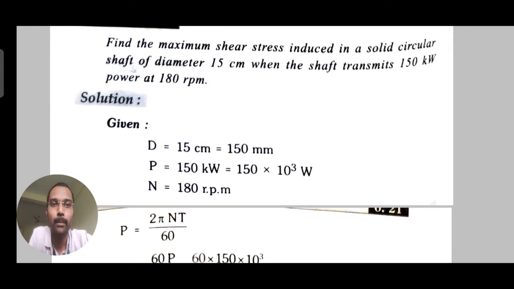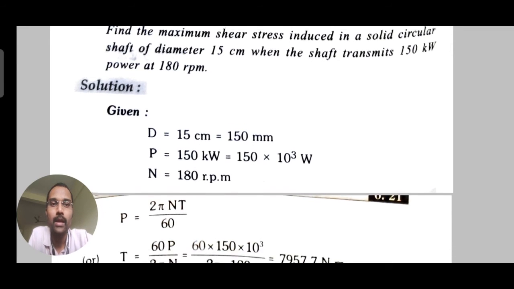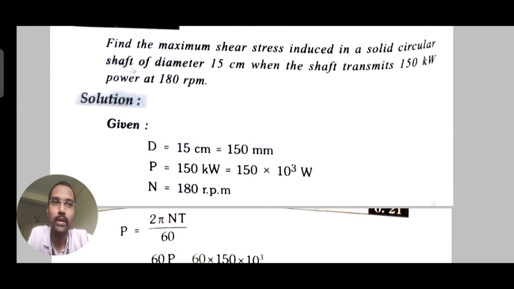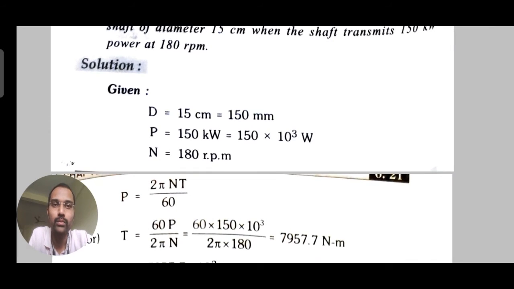Convert that into mm for easier substitution, so multiply by 10, that is 150 mm. 1 centimeter equal to 10 mm, and power equal to 150, convert that into watts, into 10 to the power of 3 watts. N is given. It is asking to find the tau value. From this given data, what should we find out, we have to get that.